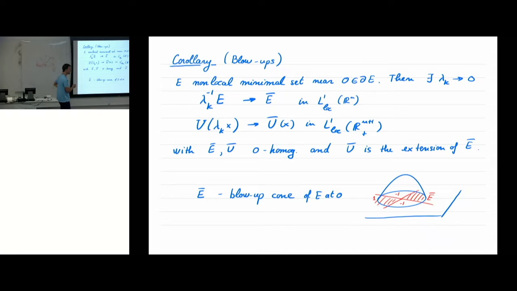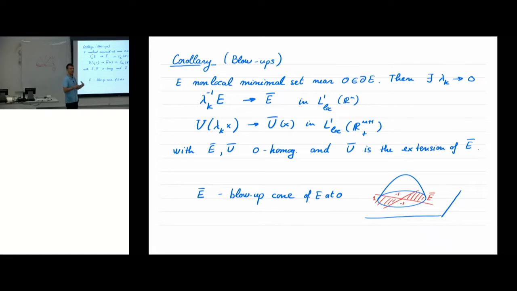And I say I can find a sequence of dilations that has to converge to some limiting set E bar in the whole space now, because even if your function originally is a minimizer in the domain omega, when you zoom in, this domain omega tends to infinity. So in the end, you end up with some convergence in the whole space, and this E bar is going to be a minimizer.